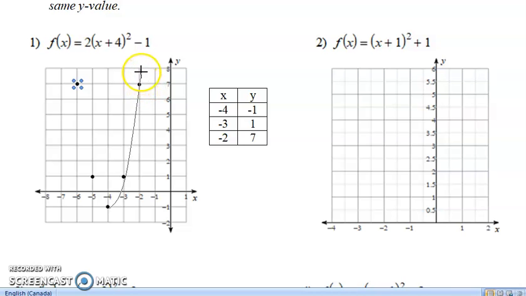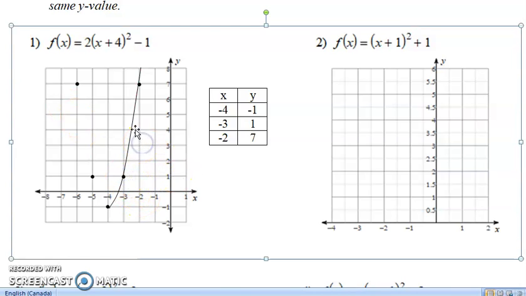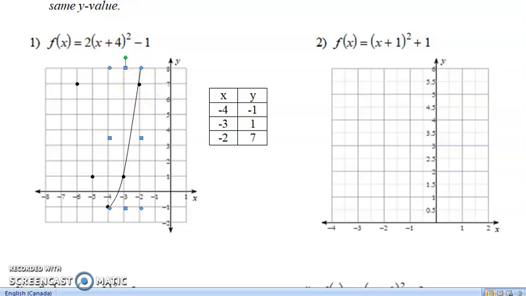And finally, after I've got those points, I'll draw in my curve as best I can. Okay, I missed this one a little bit. We'll fix that up. And once I've got that drawn, I mean, normally I would just draw this by hand and it doesn't really matter where those points are.